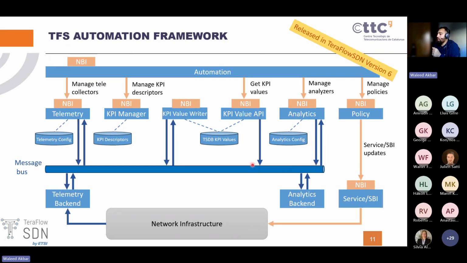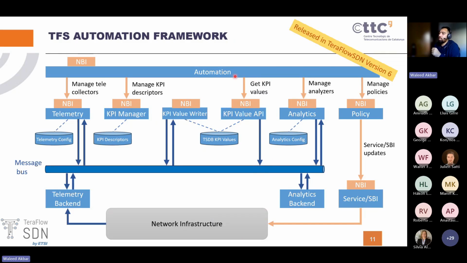And here we have this KPI value API. It's a wrong arrow; it should be upwards. It is catching all the flags from this message bus, and based on the condition, it is informing the automation of all the flags that are being activated, or all the alarms that it is getting.